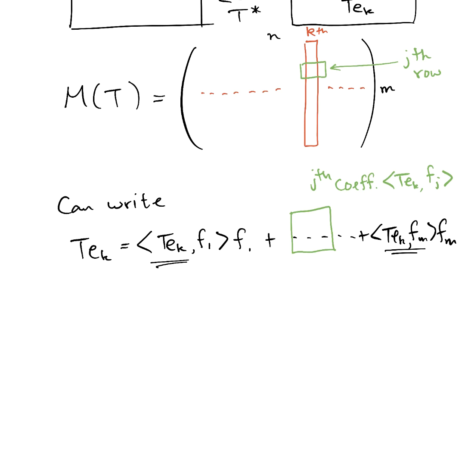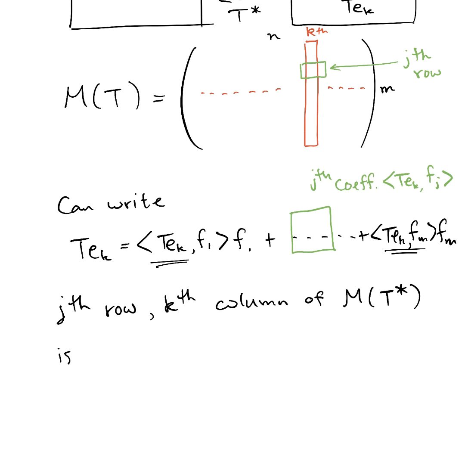Okay, now T star runs right to left. So we're going to use that same reasoning to simply assert that the jth row, kth column of the matrix for T star is, okay, now keep track.